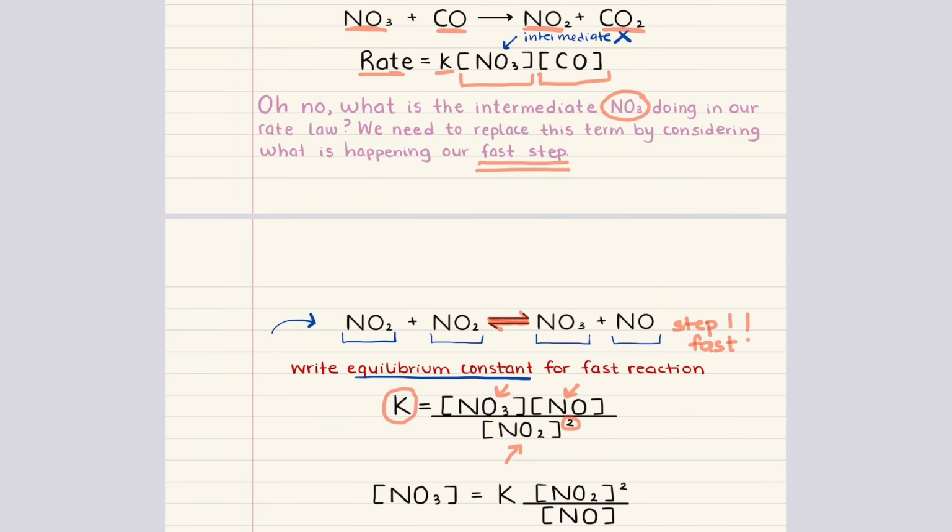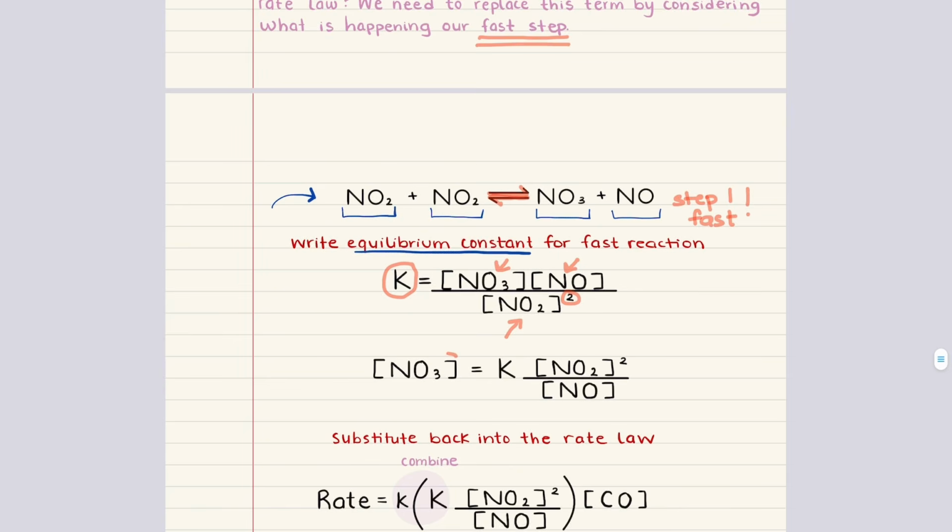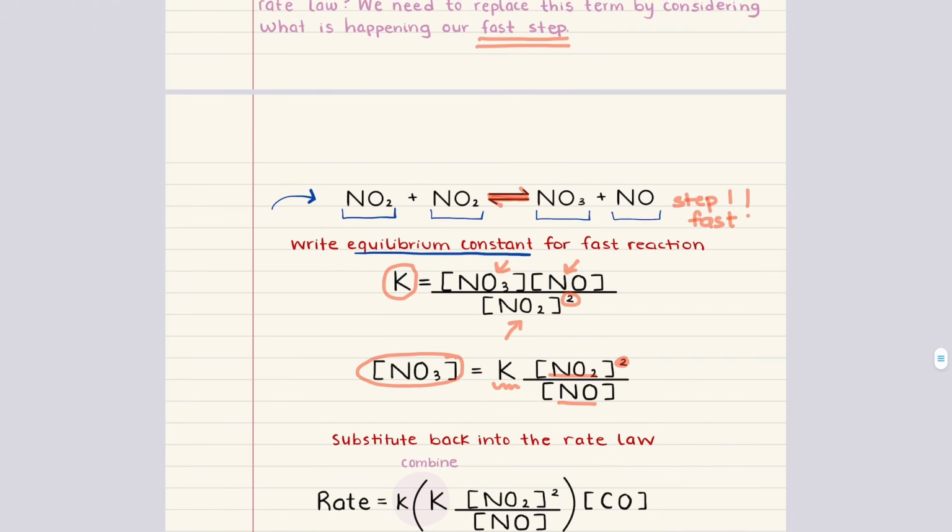If we rearrange this equation to solve for the concentration of nitrogen trioxide, we find that the concentration of nitrogen trioxide equals the equilibrium constant multiplied by the concentration of nitrogen dioxide squared divided by the concentration of nitrogen monoxide.